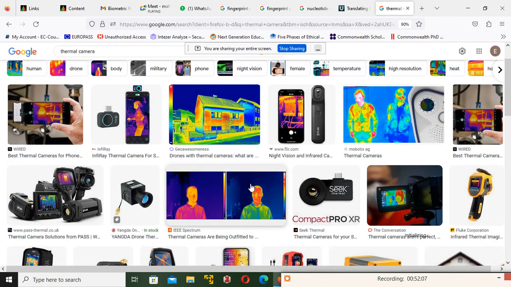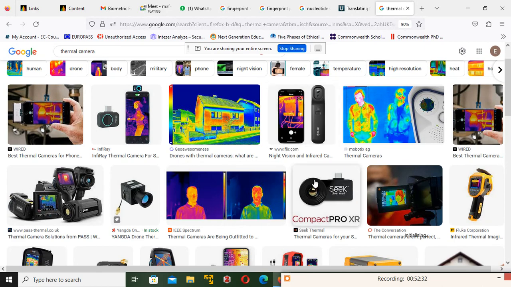This is a typical example of thermographs. These cameras are being used. For example, your thermograph would definitely be different from somebody else's thermograph because the amount of heat radiating from your body is different from the amount of heat radiating from somebody else's body.